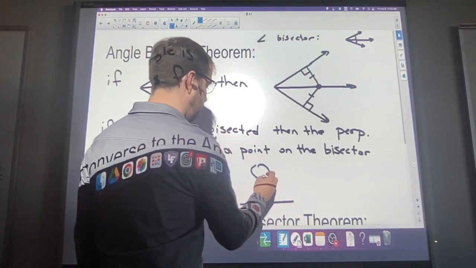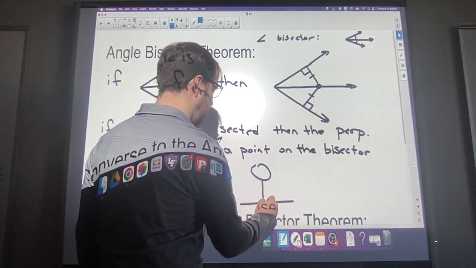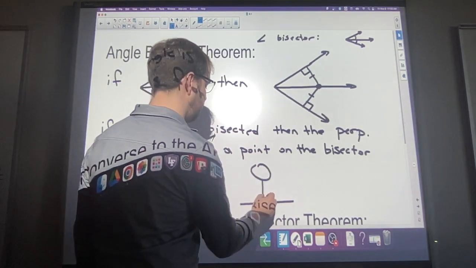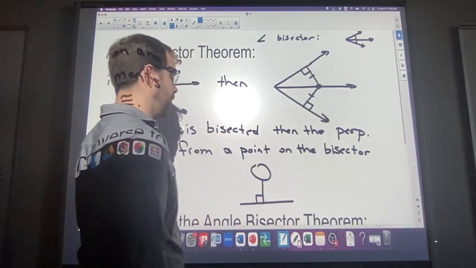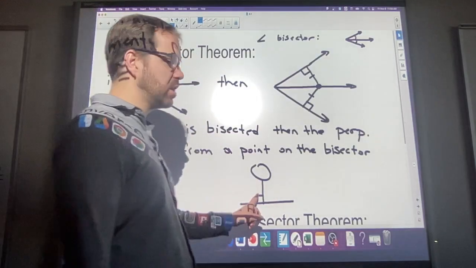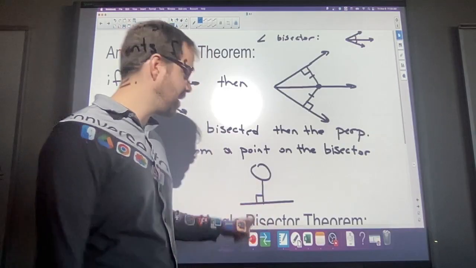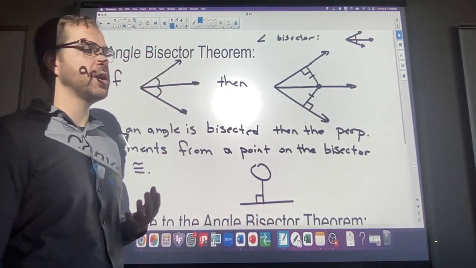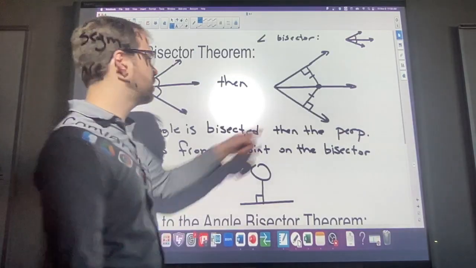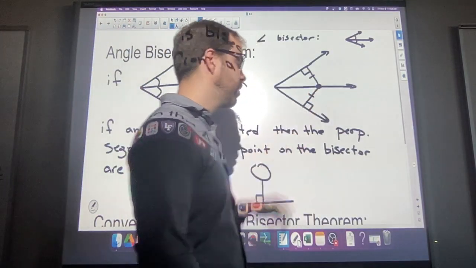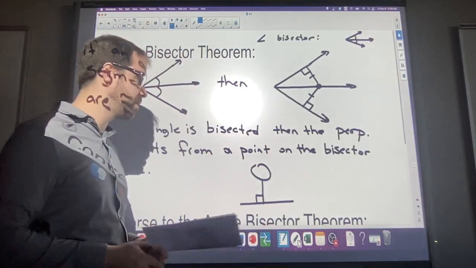Well, it's going to be straight down, right? The distance straight down from this ball, that's going to be the shortest distance. Now, that is always going to be a perpendicular, making 90 degrees. So the idea of a perpendicular is that it makes the shortest path to an object, okay? In this case, it's the shortest path to this dot here, but you'll start to see problems that use that in different ways.